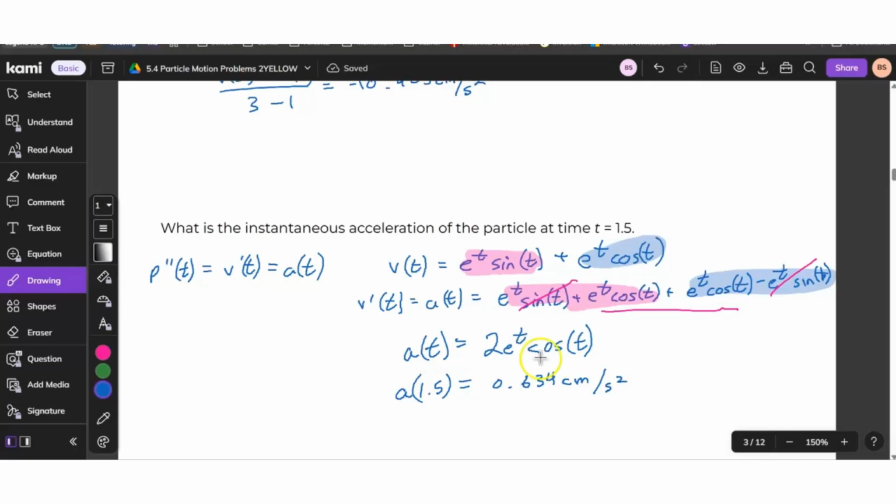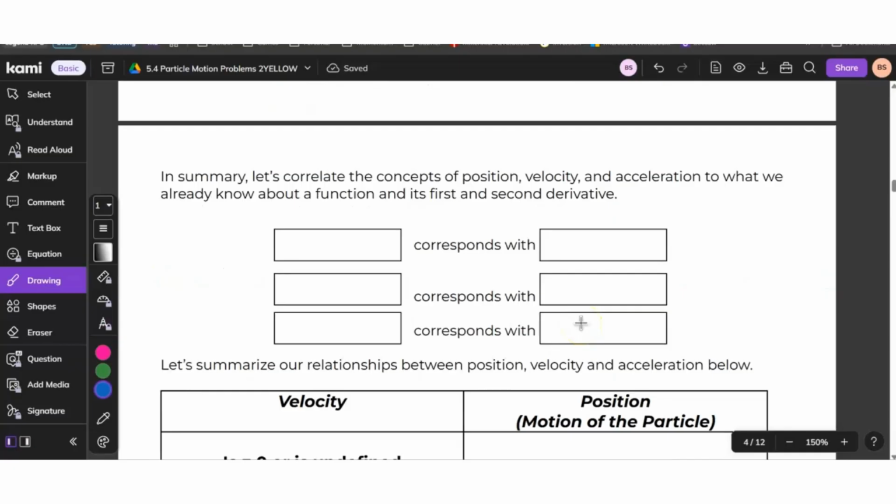Yeah, we will. All right. So let's just write down and summarize what we did here. So P of t is the position. V of t, or P prime of t, is the velocity.